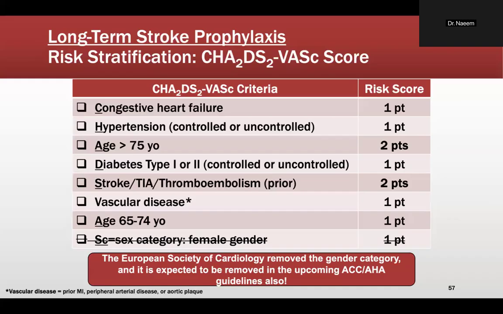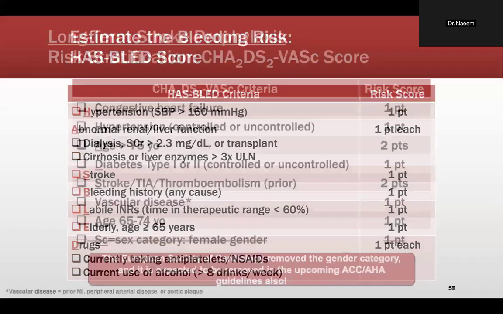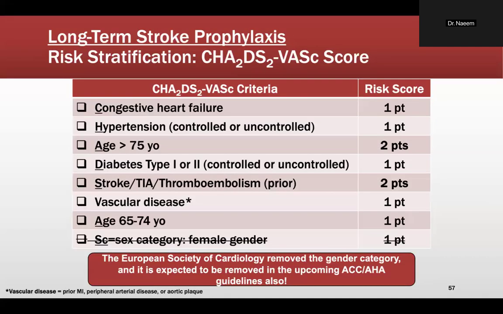So their new scoring system is basically called CHA2DS2-VA. So they've gotten rid of the S-C at the end. Very interesting. But for now, to wrap the thoughts up on this, we still account for gender, giving females a point for that.